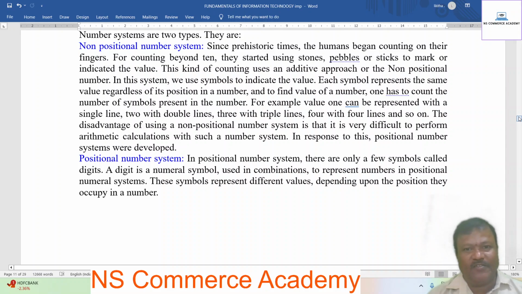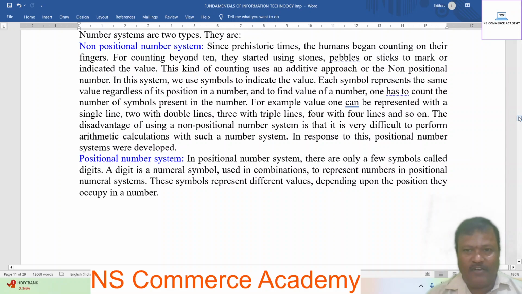This kind of counting uses an additive approach, or the non-positional number system. In the system, we use symbols to indicate the value. Each symbol represents the same value regardless of its position in the number, and to find the value of a number, one has to count the number of symbols present in the number.